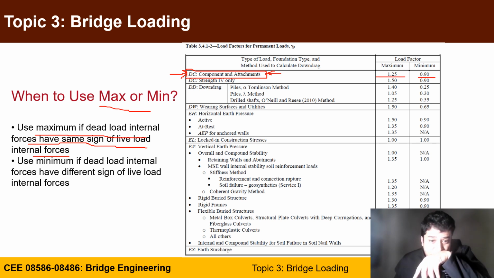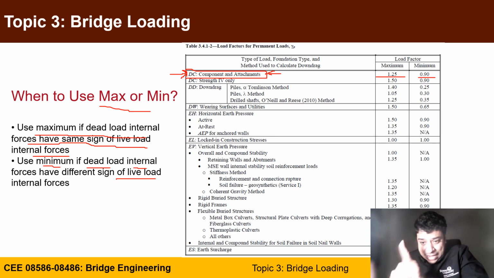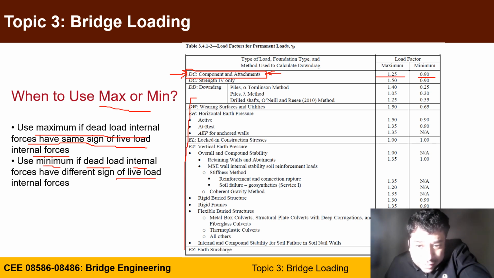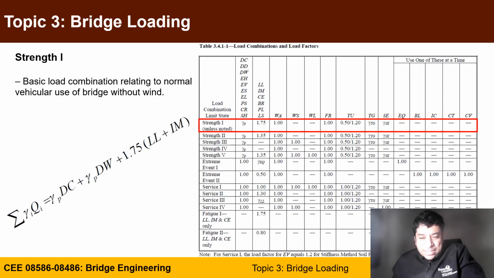If dead load and live load are in different signs, you need to use a lower factor for dead load, which in this case is 0.9, to increase the internal forces in your structure. So here is where you can get all your gamma P values, from the first table. So let's go case by case.